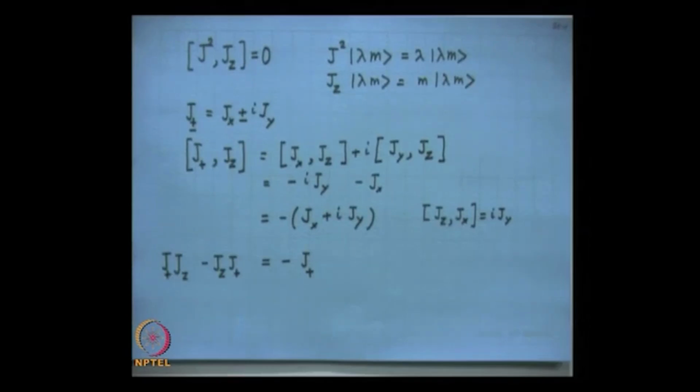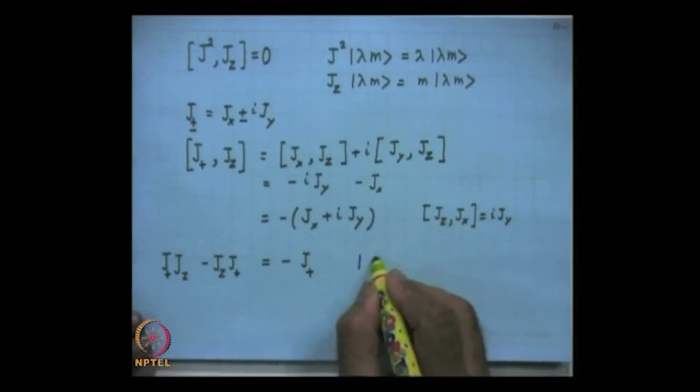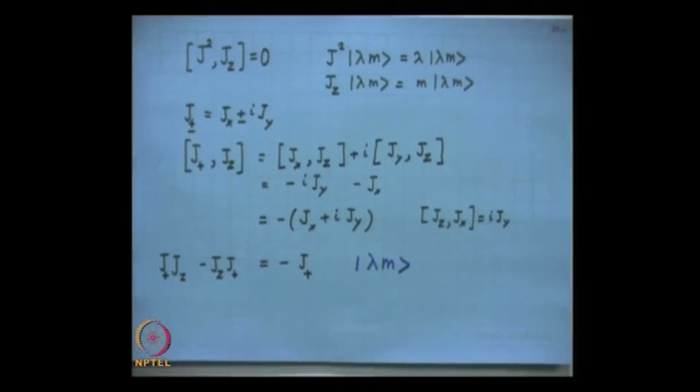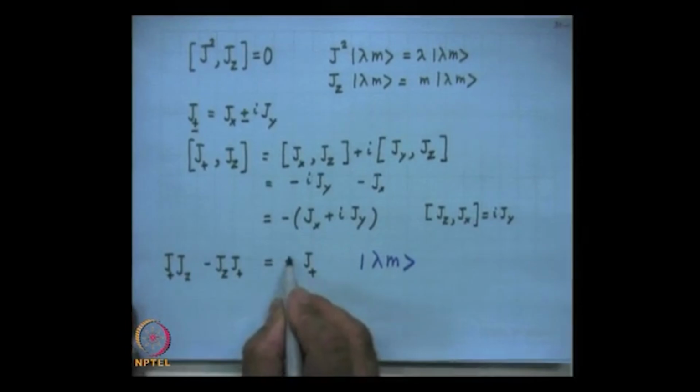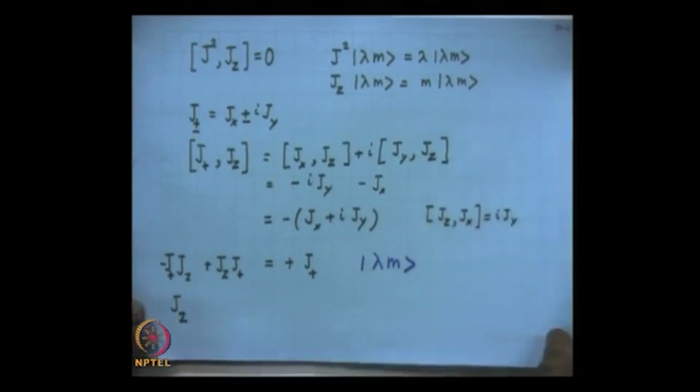What we do is we operate this on both sides on ket lambda m. Let me put a plus sign here and a minus sign here, and take this to the other side. Let me do this once more.